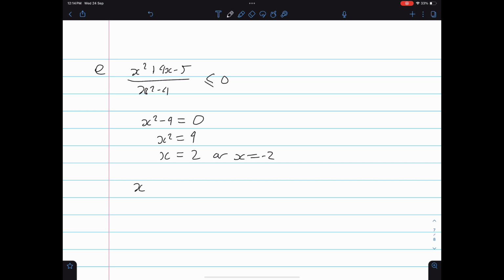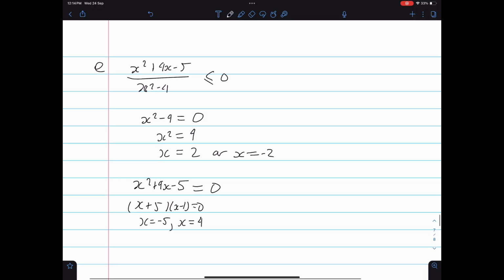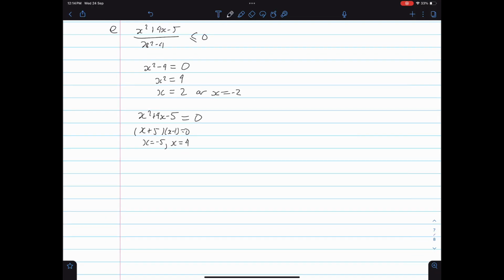And now we need to know when the quadratic will equal 0. And now we will do our little table.